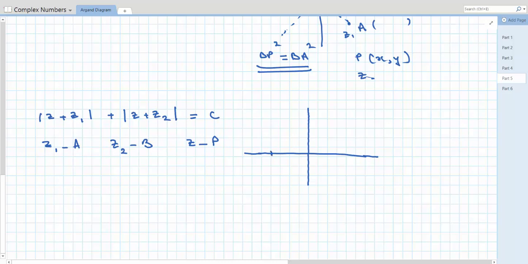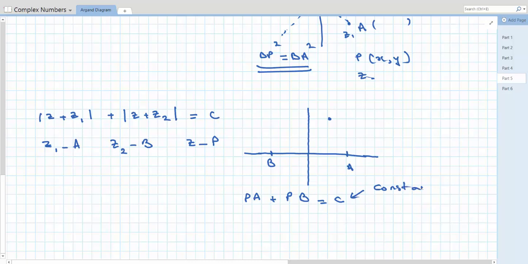Let's say it just happens that A and B are these points. And what we have is some point P, and PA plus PB equals C, a constant.